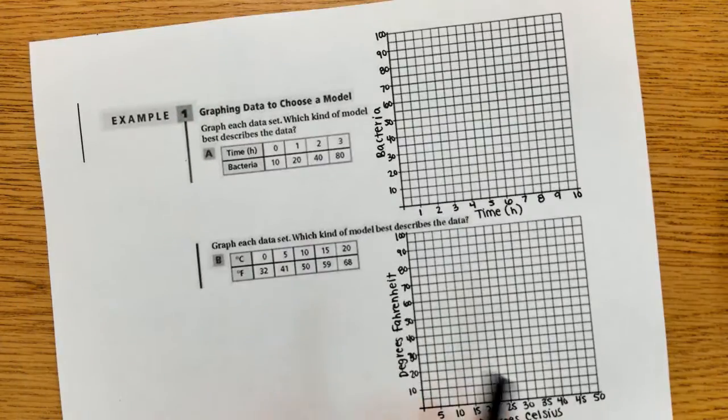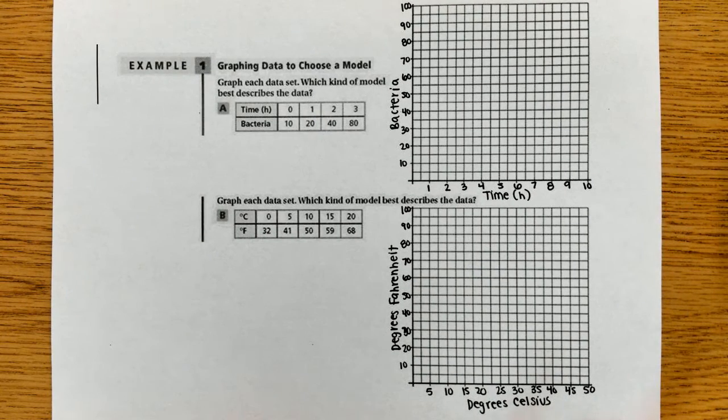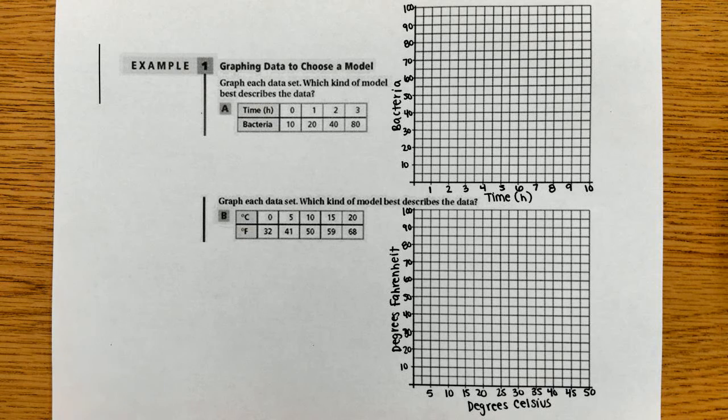So in example 1, we are going to graph the data to choose a model. We'll graph the relationship given in the table, and then we'll decide what kind of model best describes the data. So I have my graph set up.